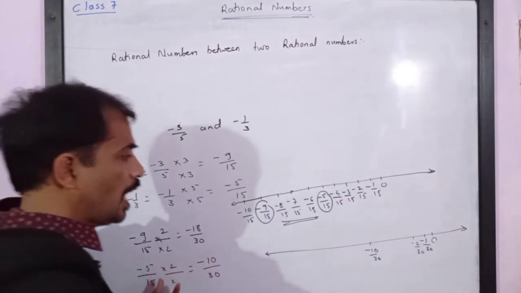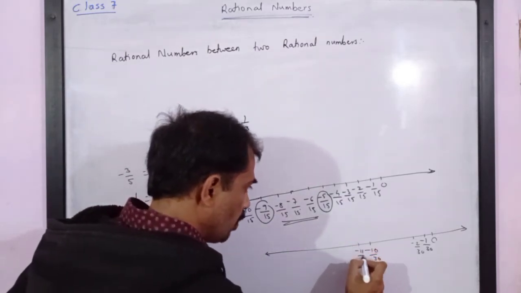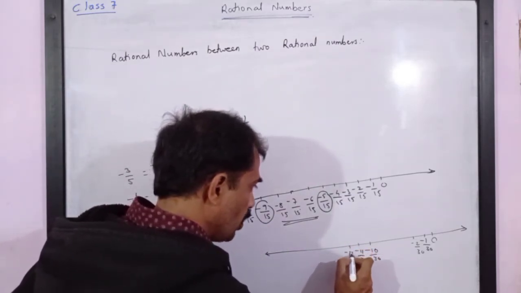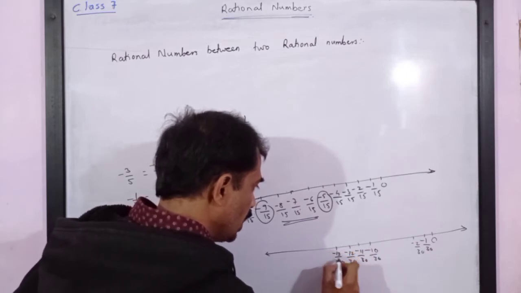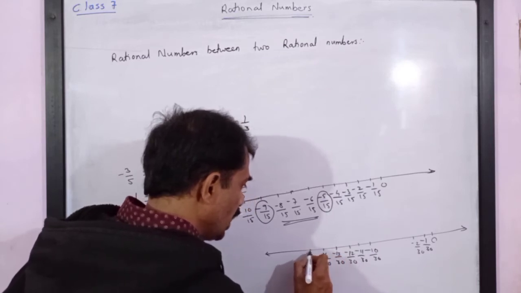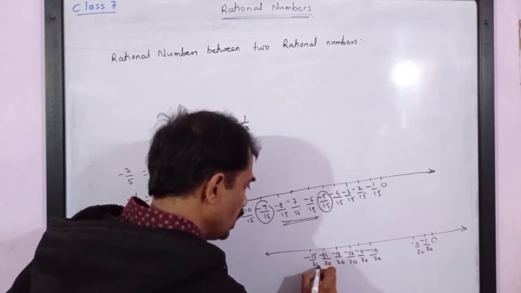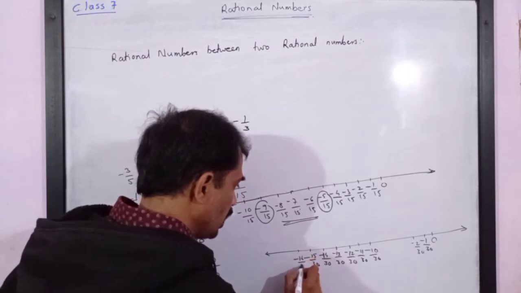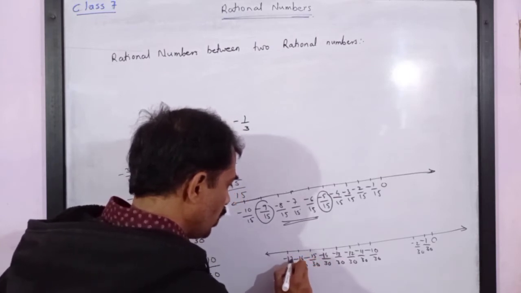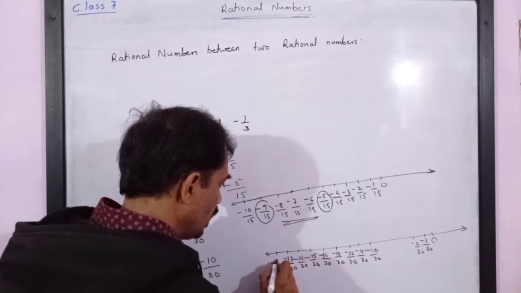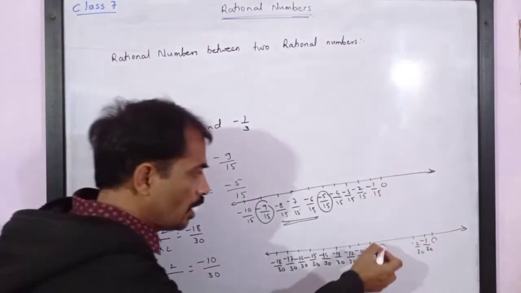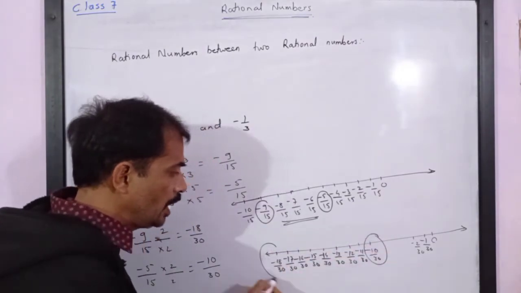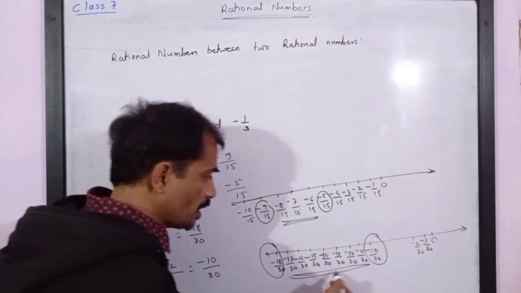Then we have negative 11 upon 30, negative 12 upon 30, negative 13 upon 30, negative 14 upon 30, negative 15 upon 30, negative 16 upon 30, negative 17 upon 30 and negative 18 upon 30. Please note, between negative 10 upon 30 and negative 18 upon 30, we have got these many fractions.